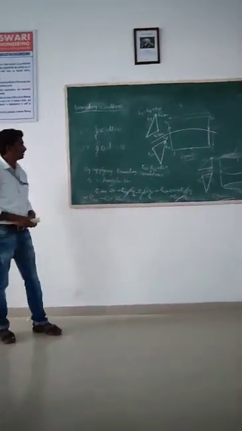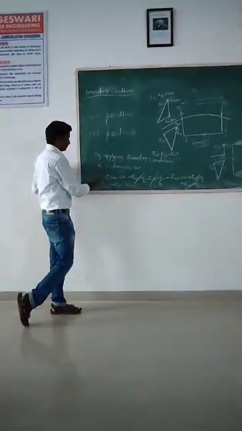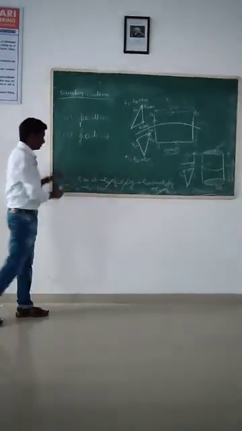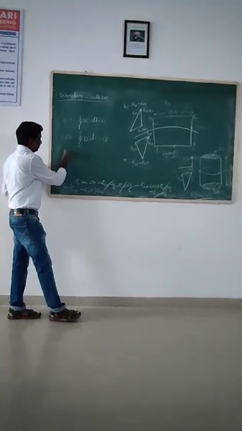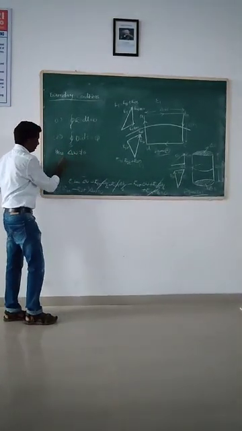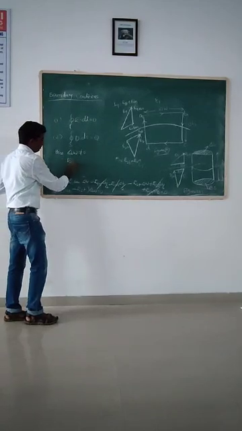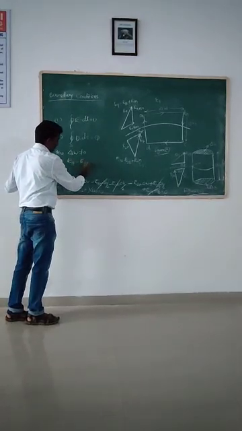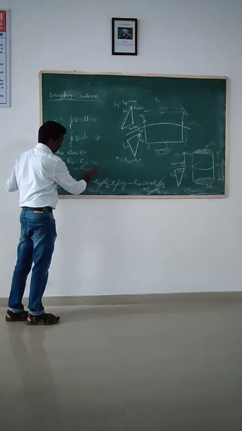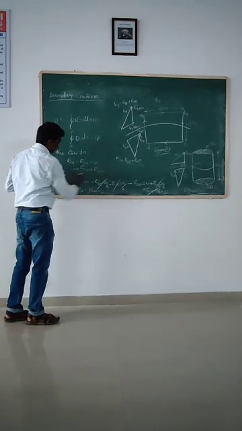The remaining is, here delta W cannot be 0. Therefore, we can write E1t minus E2t is 0. And from this, we can write E1t equals to E2t.